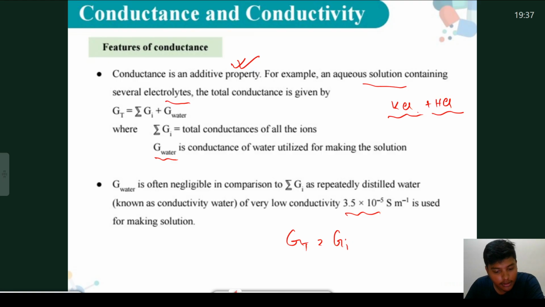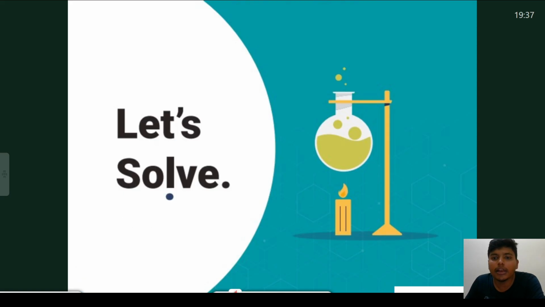You have an electrolytic cell with electrodes, and in it a solution of KCl or NaCl. Water is also there, and water can show conductivity, but it is very low. So we will not add the water conductance to the KCl conductance, only the KCl conductance. Okay, let's do one question.